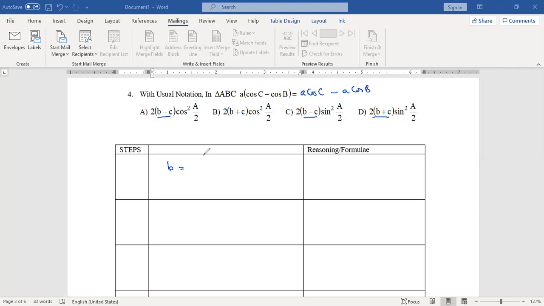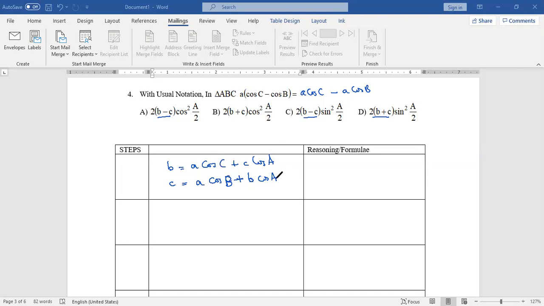So if I take B, I have A cos C plus C cos A. And also, if I take C, I will have in that also A cos B plus B cos A. Did you notice this? Have you noticed this? Yes, sir. I made a mistake. It is B cos A plus A cos B. Sir. Correct. Now it's correct.